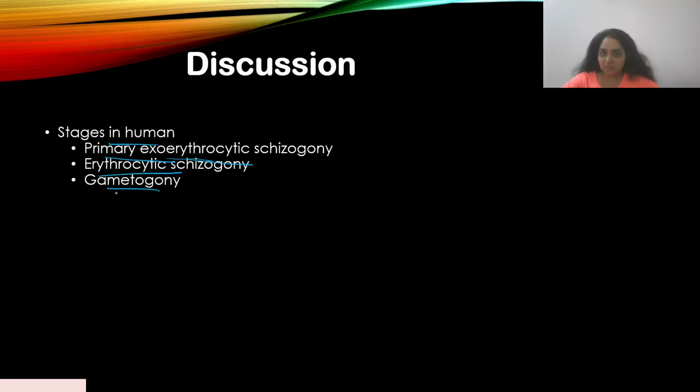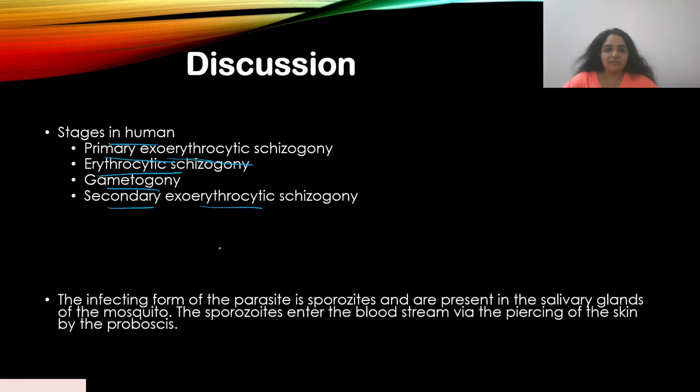Then there's gametogony, where the male and the female gametes are formed. And there is a secondary exoerythrocytic schizogony, which is separate from the first 3. It happens at a later stage when there is relapse of malaria. We'll come to every stage in detail. I'm just explaining the names of the stages involved in humans.